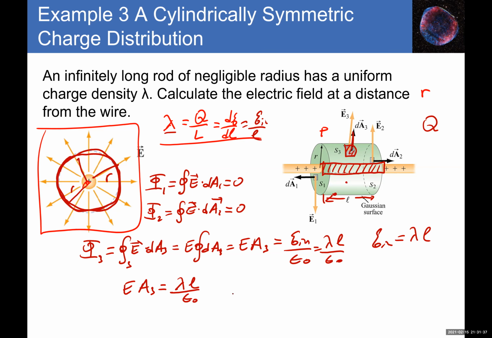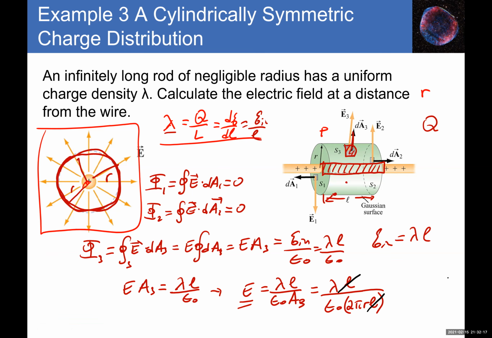Now, what is area 3? If I rearrange, electric field equals lambda L over epsilon naught times area 3. Remember, our goal is to find the expression for the electric field at that point P. Area 3 is the area of the cylinder's curved part, which is 2 pi r times L. And here you can see that all the information about L cancels out, and I don't need it, because that's the size of my imaginary surface.